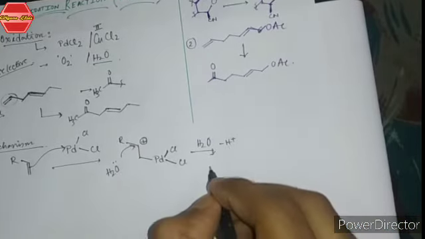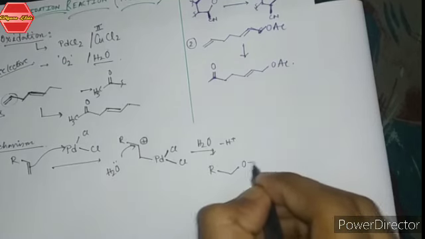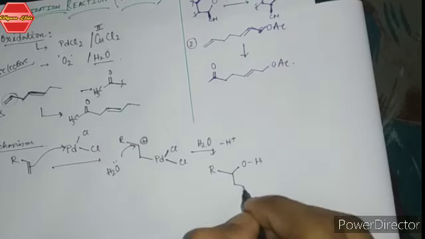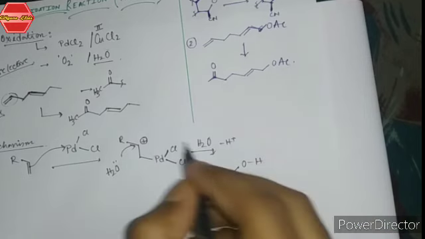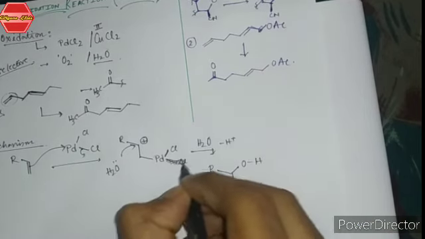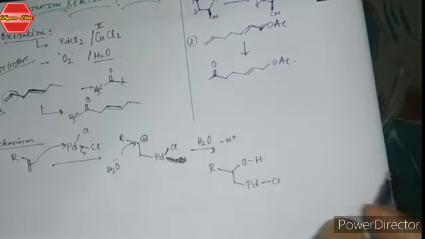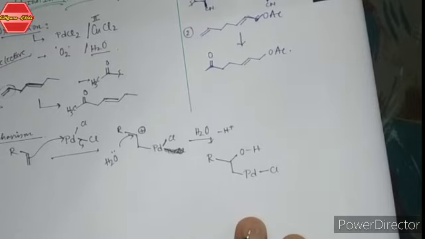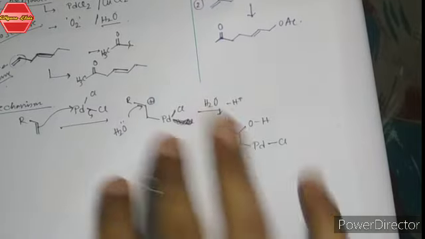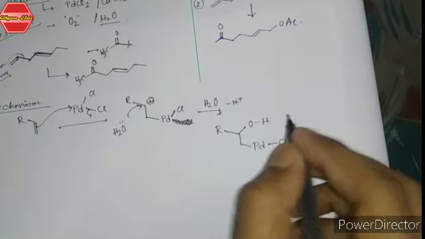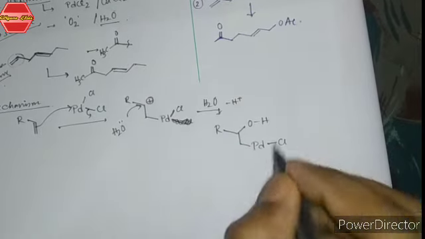So the product will be like this, with Cl. There is a Cl leaving, so only this one Cl is attached. This is your overall product. Now an important thing is that a beta elimination will take place after this product formation.